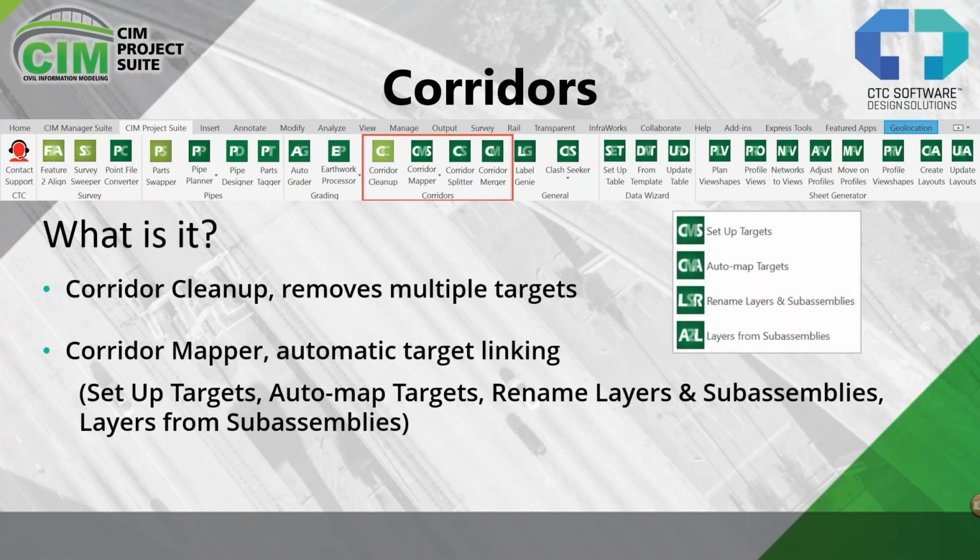So what are our corridor tools? It's our corridor cleanup, which removes multiple targets. It's our corridor mapper, which we're going to be focusing on today. We have some automatic target linking. So we set up targets, we can auto map targets, rename layers and subassemblies, and layers from assemblies are also part of our corridor mapper.